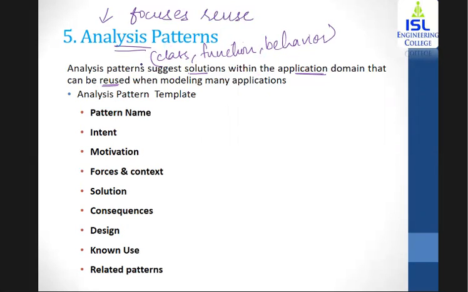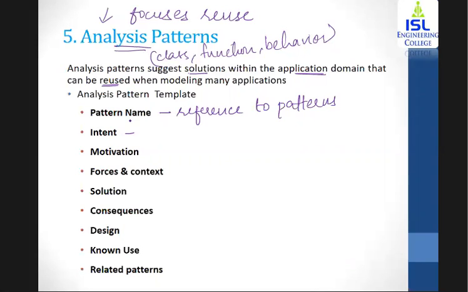Now within the analysis pattern template, the first thing you have is a pattern name. What is the pattern name? It is the name you give so that it can serve as a reference to the pattern. By seeing the pattern name, you can identify why this pattern was generated. You need to give a meaningful name.